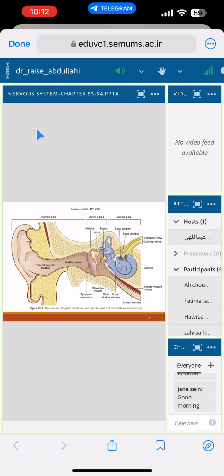Stapes is in touch with the opening of the oval window, and sound will encounter the tympanic membrane and move these structures, the ossicles, small bones, and finally the vibration will be projected to the opening of the oval window and finally moves the fluid which fills the inside of the cochlea.